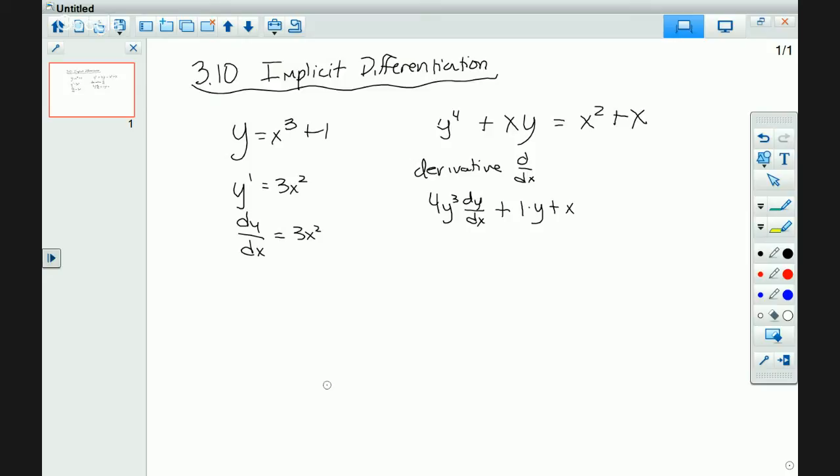What's the derivative of y? 1. With dy dx. Yes. It's the same here. You took the derivative of y, you had to write dy dx. I was just shielding you from having to think about it. Now you have to think about it.